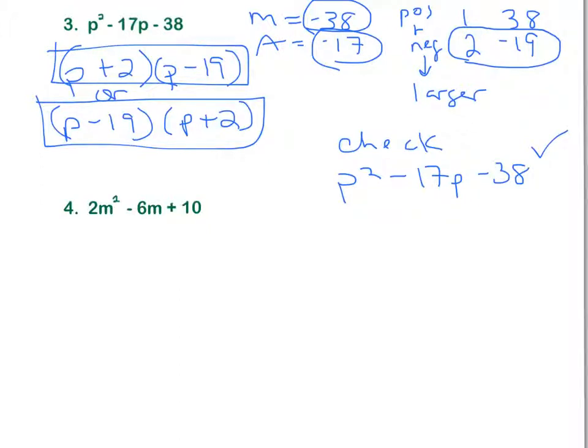So let's look at this next one. You'll notice I do not start with a basic m squared. I have a 2m squared, but the first step of factoring is always to factor out the GCF. And if you look at all of my terms here, I have 2m squared, negative 6m, and plus 10. So 2 is going to factor into all of those. I'm going to take out a 2 first.